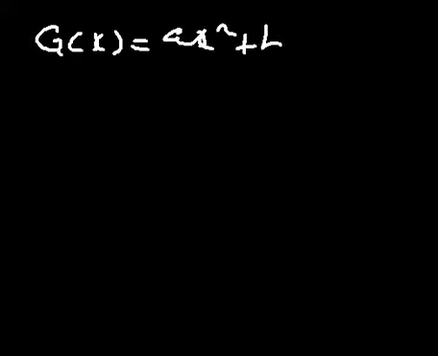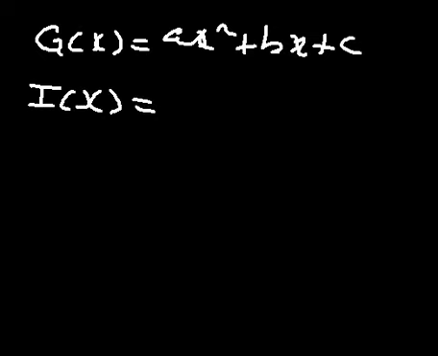Let's say we have g of x being given as ax squared plus bx plus c, and we have I of x, which is given as x.